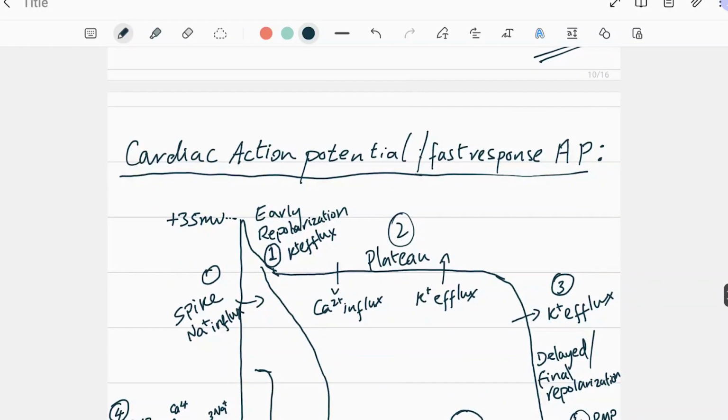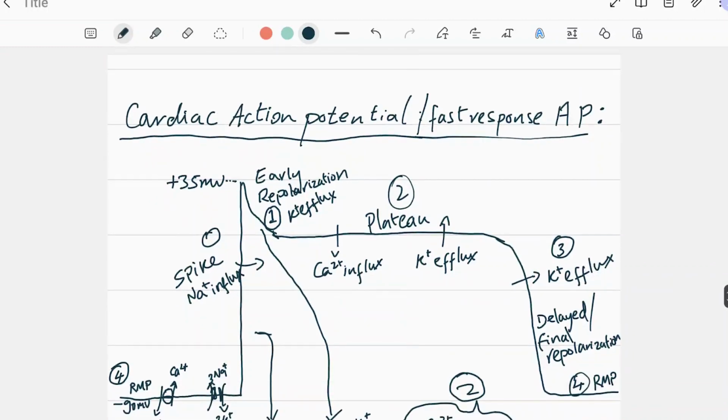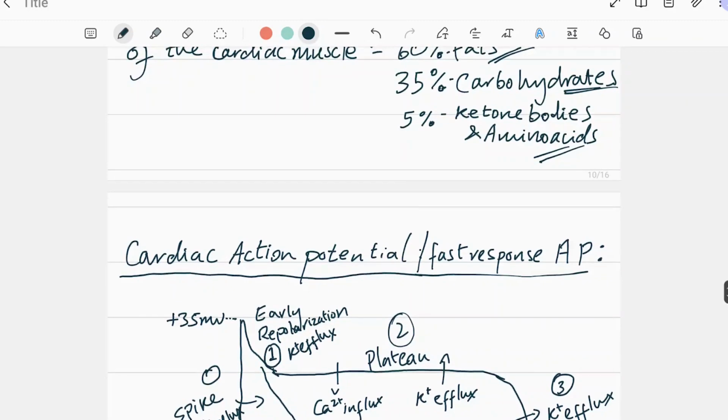Now we're going to talk about cardiac action potential. I recommend you look at the video on the action potential in neurons. Remember, there was an RMP, there was a stimulus artifact, local response, spike potential, repolarization, hyperpolarization, RMP. Watch that video. It's very important to understand this stuff.